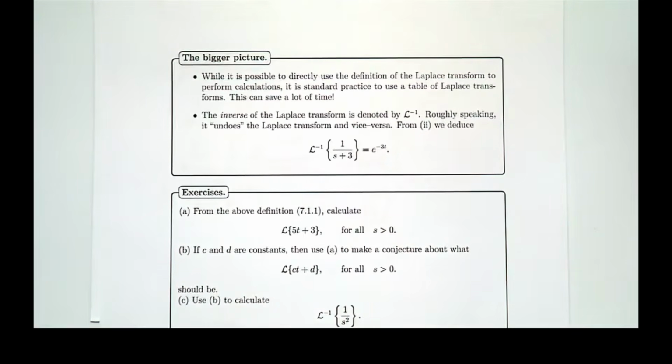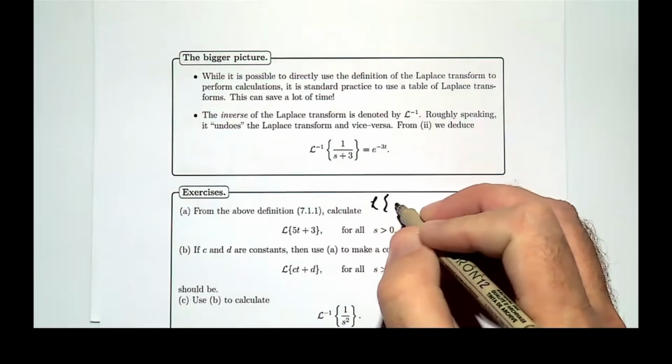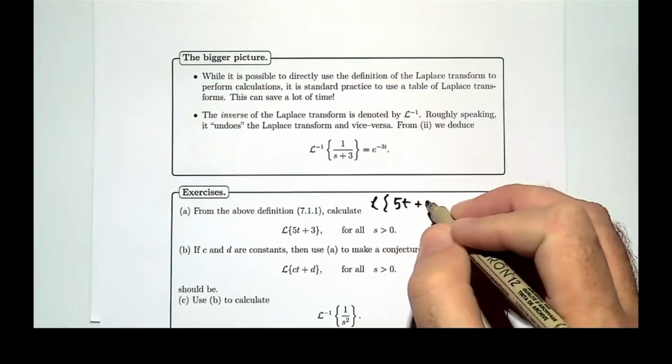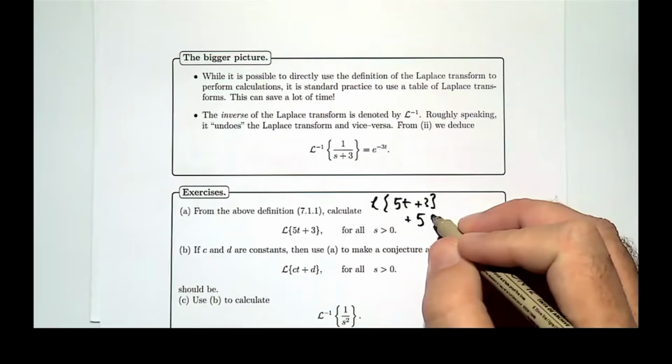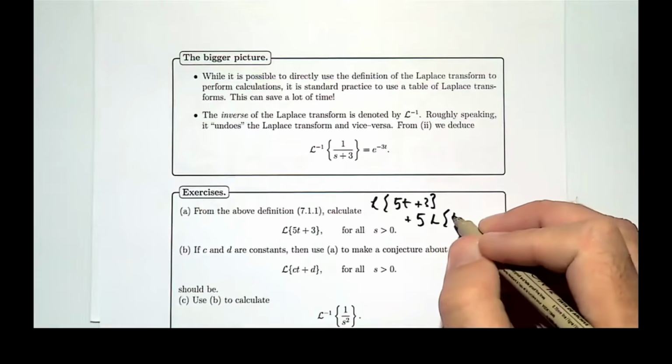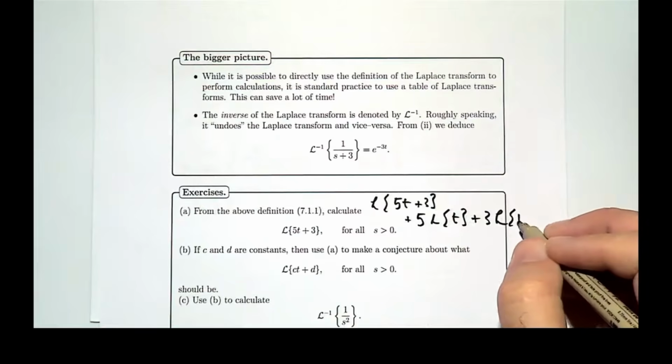So let's have a look at this for a second. L of 5t plus 3. All right, well, the transform of this thing can be written like this.